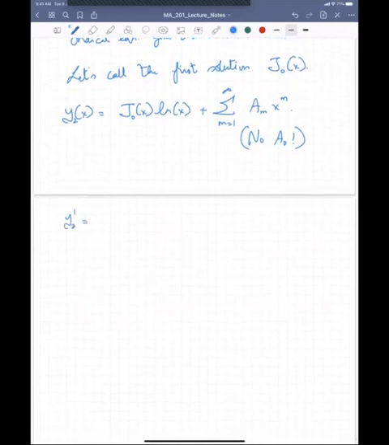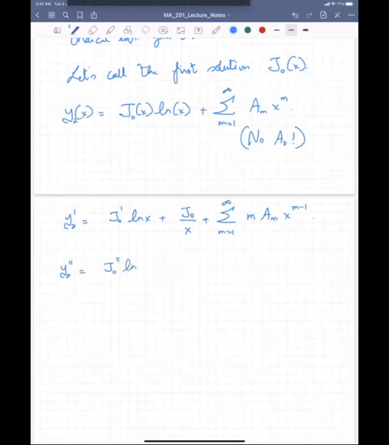Y2 prime would be J0 prime logarithm x plus, differentiating the logarithm, you get J0 over x, and differentiating this, you get the sum of m a_m x to the m minus 1. Y2 double prime would be J0 double prime logarithm x plus J0 prime divided by x.